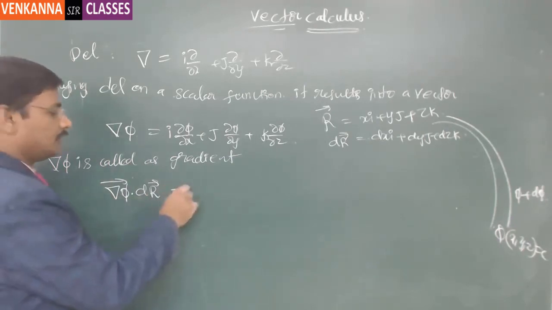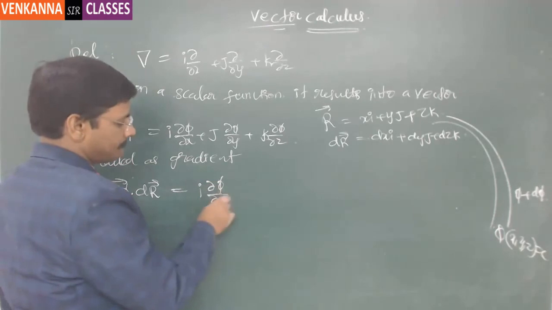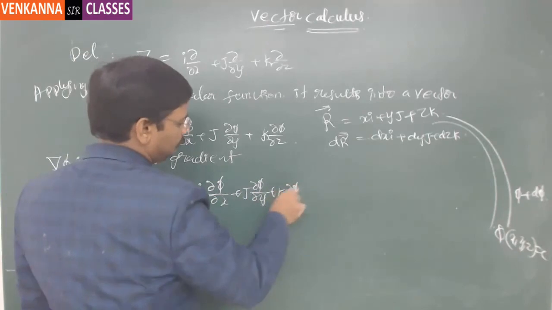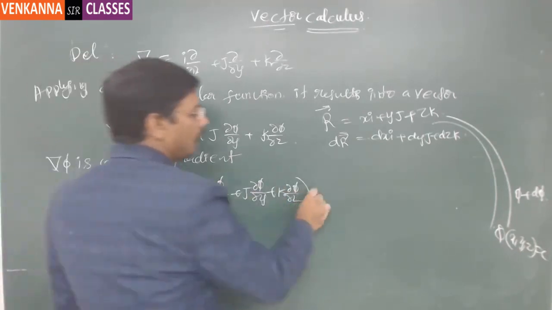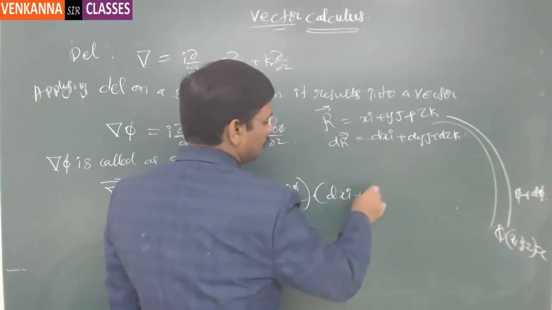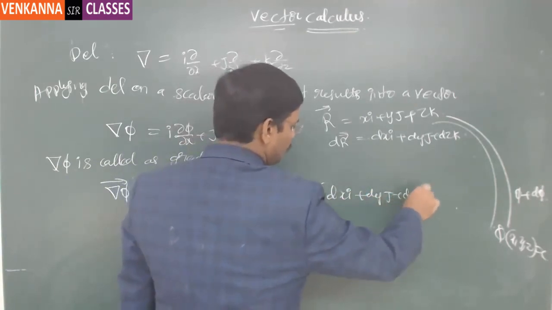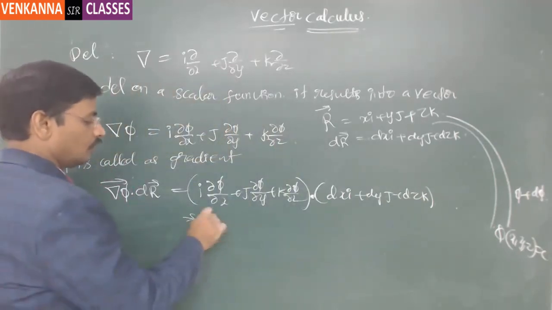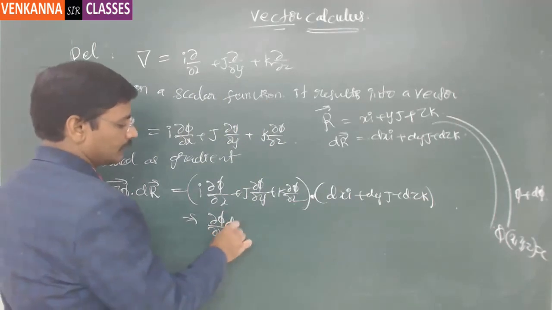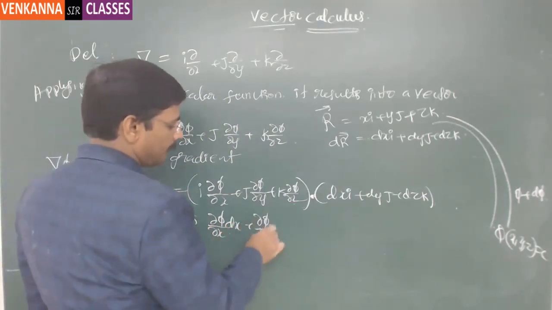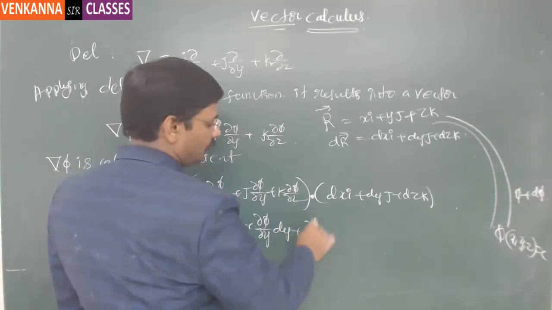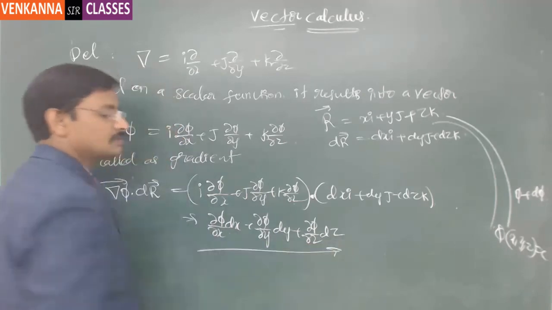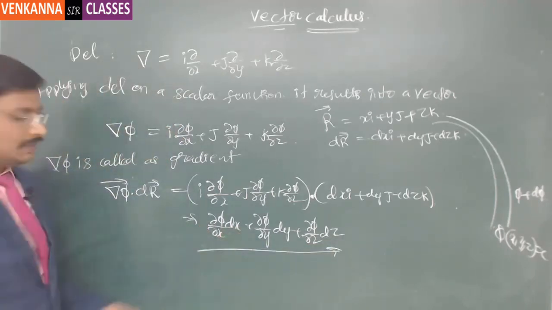So, this product is i dou phi by dou x plus j dou phi by dou y plus k dou phi by dou z, dot product with dx into i plus dy into j plus dz into k. Now, this is dou phi by dou x into dx plus dou phi by dou y into dy plus dou phi by dou z into dz. If you carefully look at this, this is nothing but the functional derivative d phi.